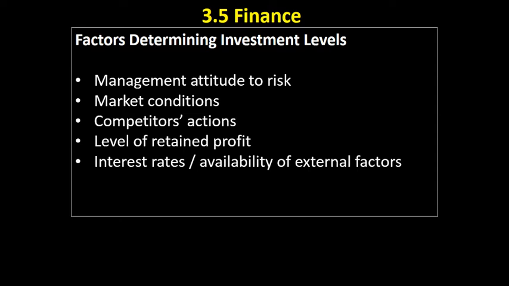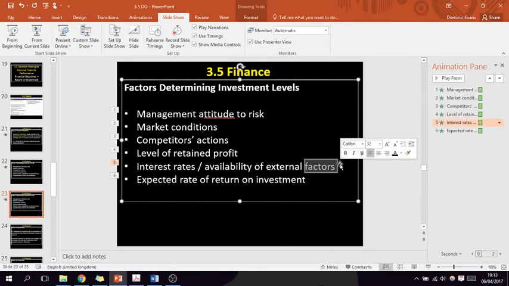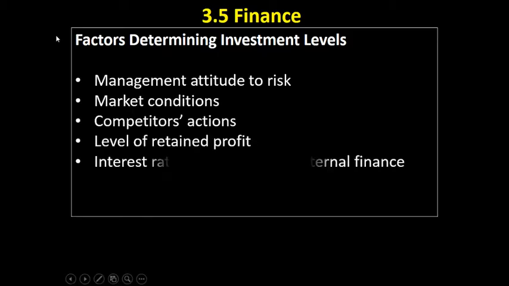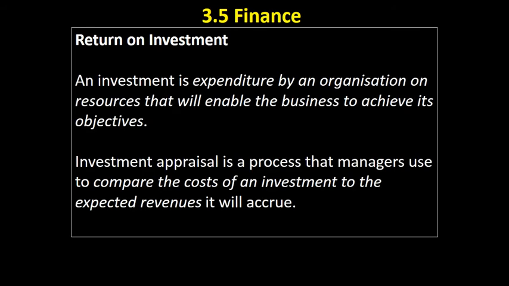The rate of interest, or the availability of finance, will also determine how much money businesses have to invest. And finally, the expected rate of return on an investment. How quickly will it take for an investment to be paid back? All of these will determine investment levels.